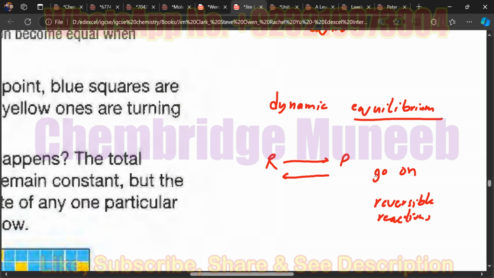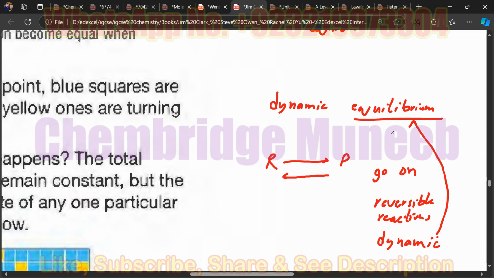They are not stopping. So as a result of the reaction always being in a dynamic state, they give you the equilibrium situation.